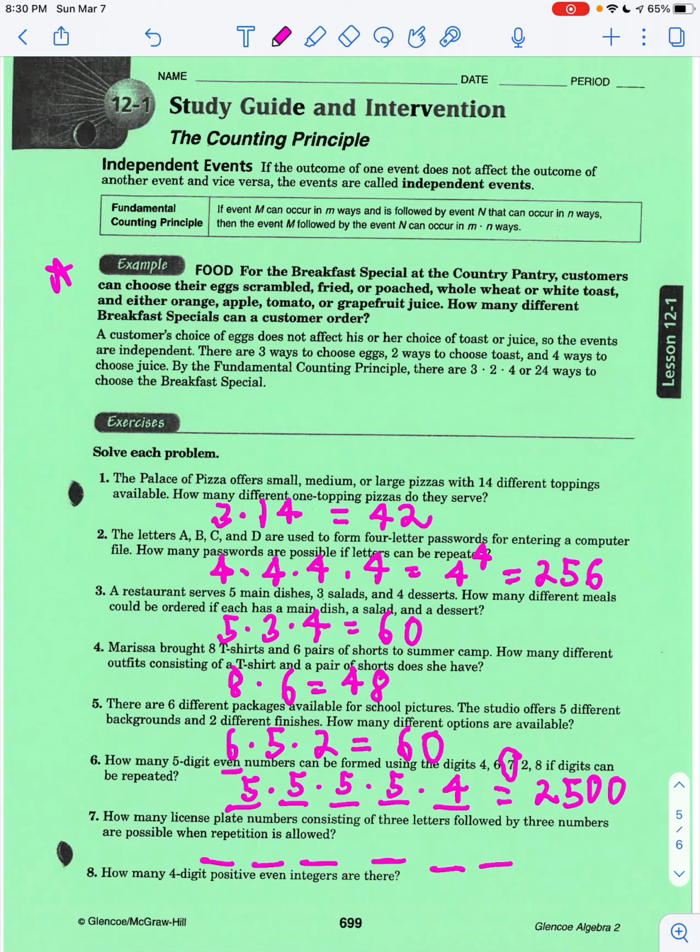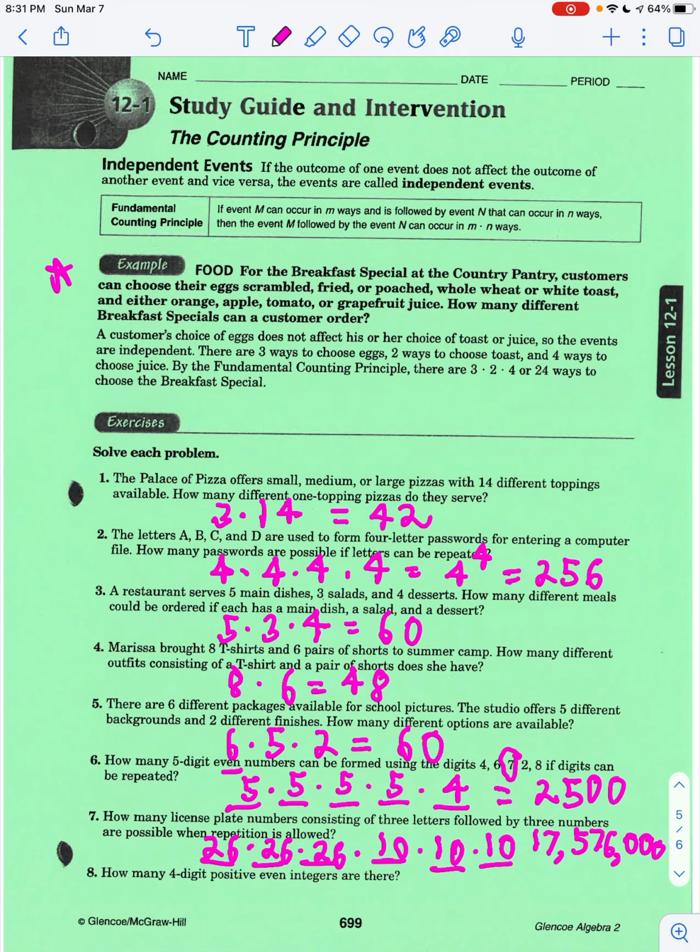Assuming we only are using capital letters, that would mean if we're allowed to repeat for the letters, 26 times 26 times 26, and then for the numbers, they're actually meaning digits. A lot of students will say 9 here, but you have to remember 0 is a digit, so there's actually 10 digits, 0 to 9. And so this is 26 to the 3rd times 10 to the 3rd, which is 17,576,000. That's a lot.